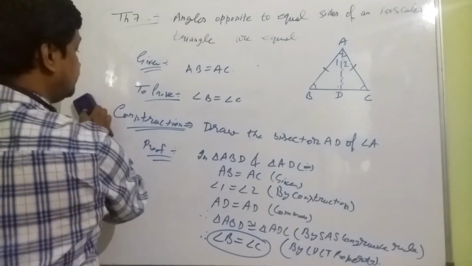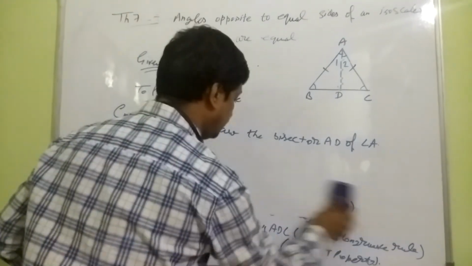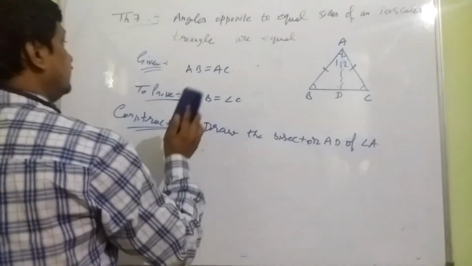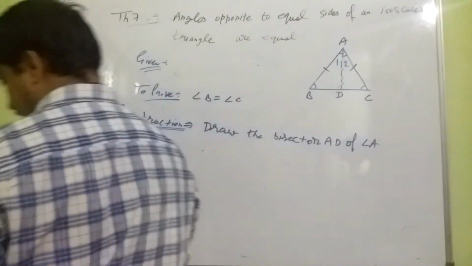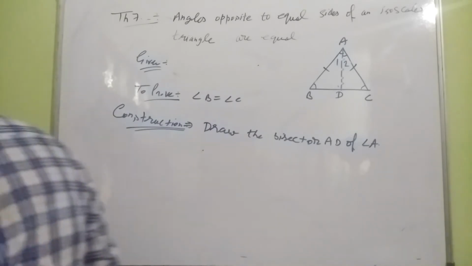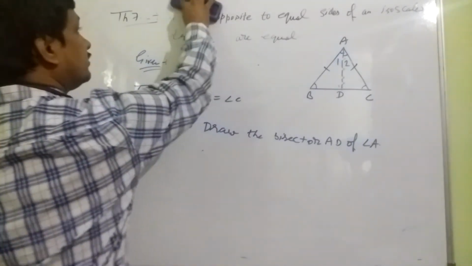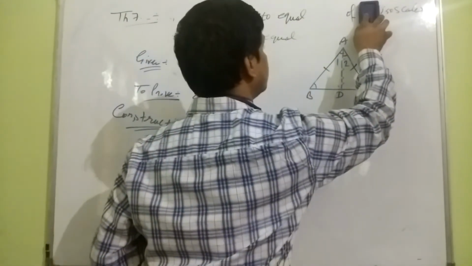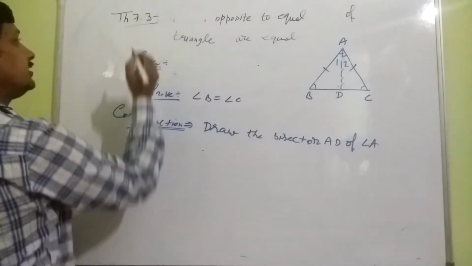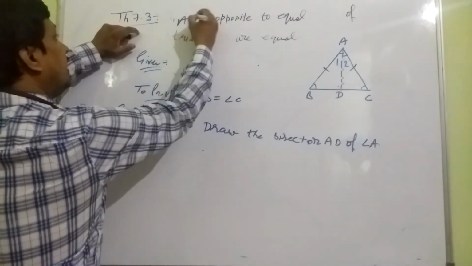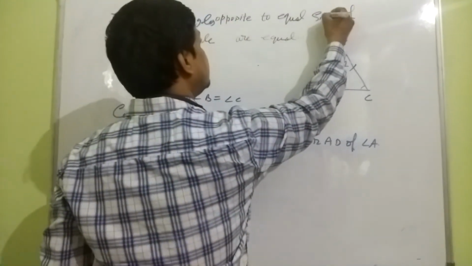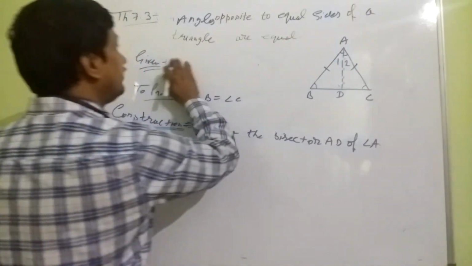After this we will do the other theorem, the second theorem. This is the same as the previous one but just opposite. Here the language is: angles opposite to equal sides of a triangle are equal.